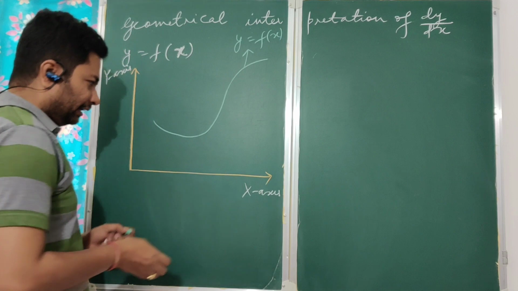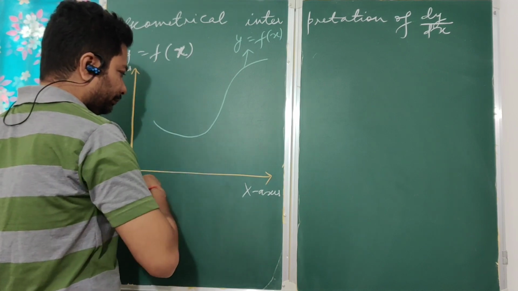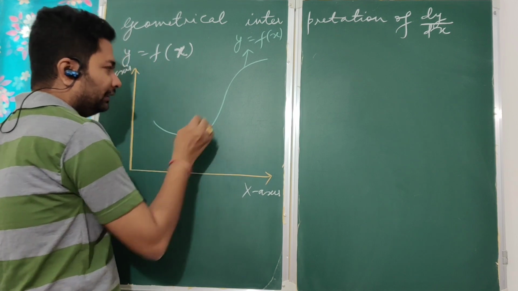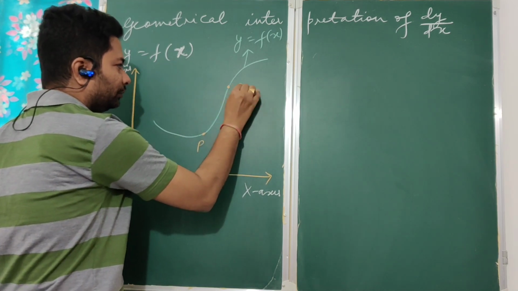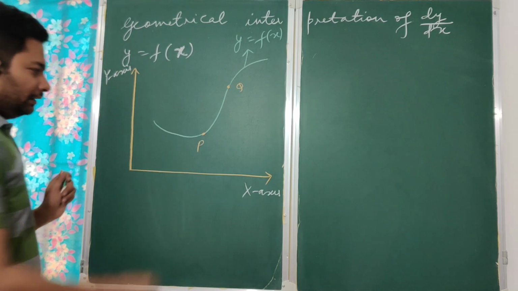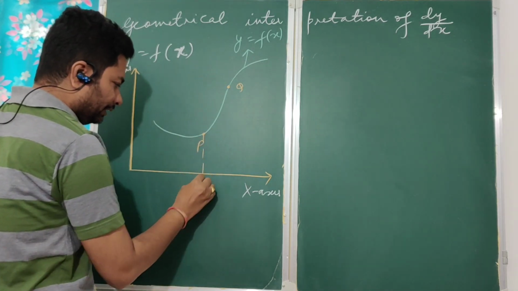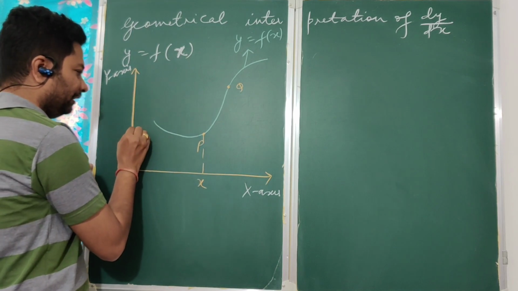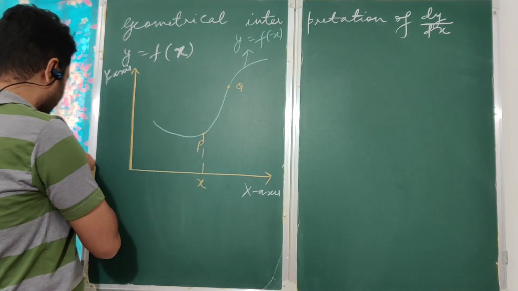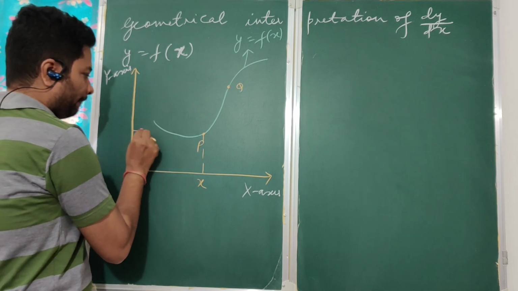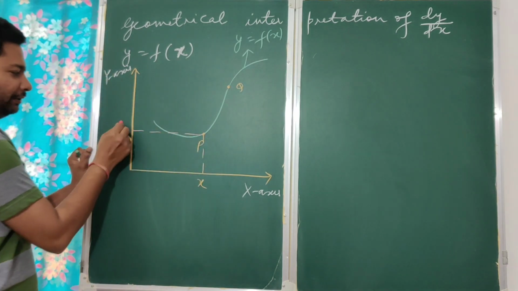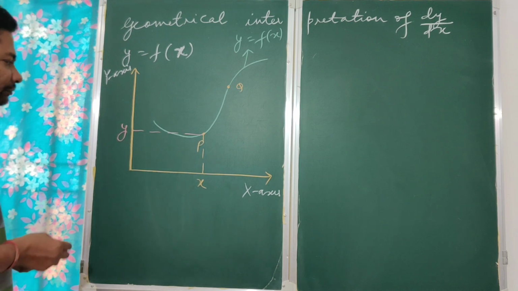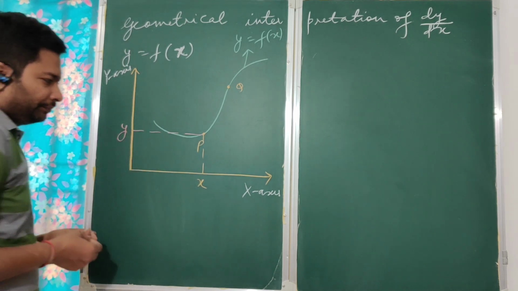Correct. Now let us say there are 2 points. One point is here, P, another point is somewhere here, Q. This point is, let us say, x, so correspondingly you can get here this point, which will be your y, or you can say y is equal to f(x).